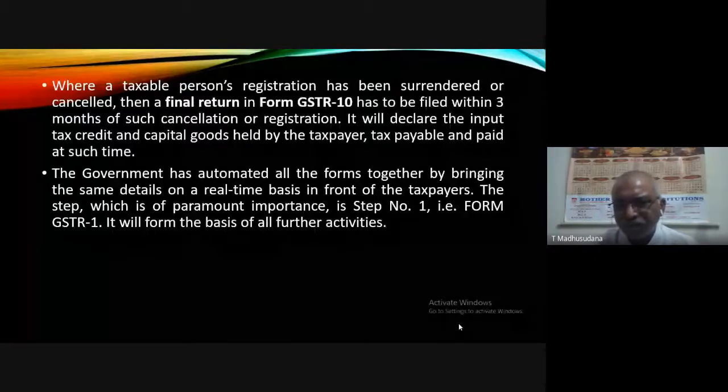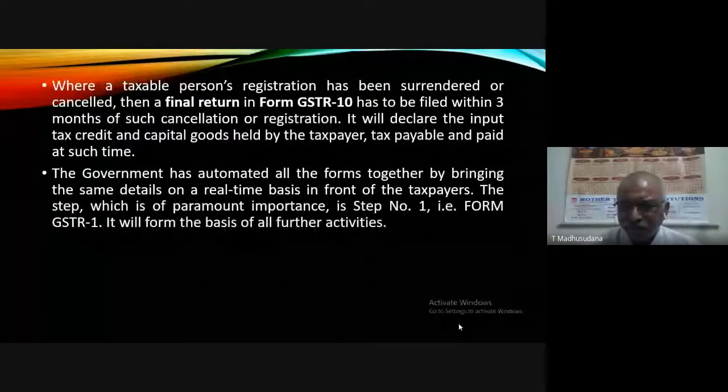All these various forms, 1A, 1, 2A, 2, 3, 4A, 4, 5, 9, 10, 11, to be filed by various people, are made available in soft copy on the website.